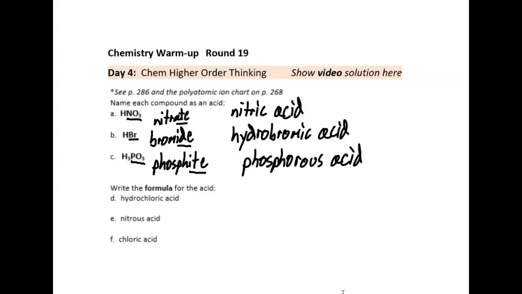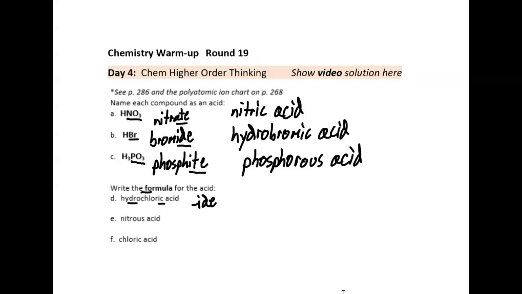The other thing we know from questions A, B, and C is that there's these 3 rules that make a connection between the name of the acid and the name of the anion that's in the acid. So question D, we have a word beginning with hydro and ending with ic. That was when the anion ends in ide.